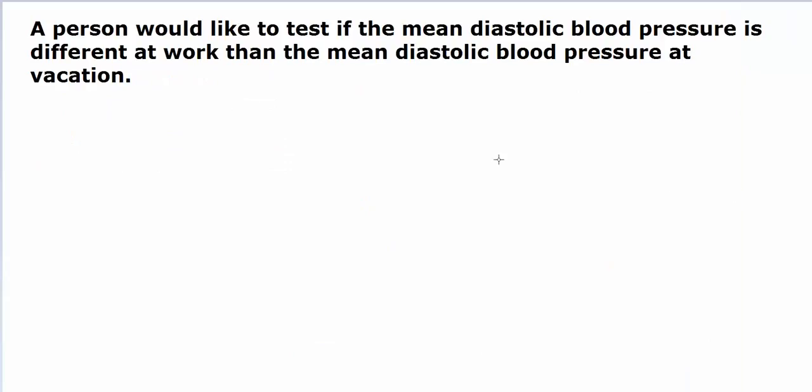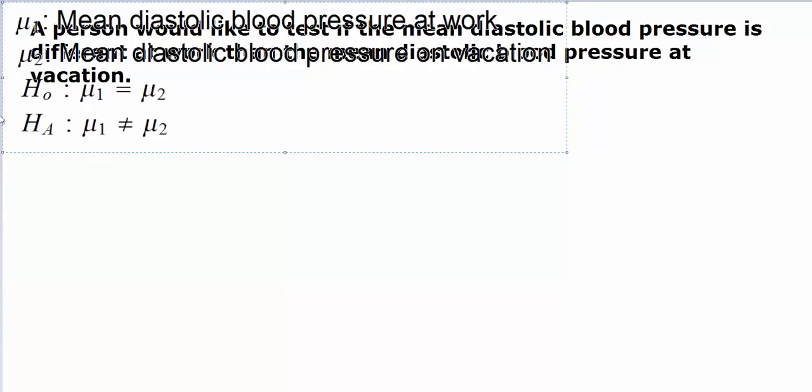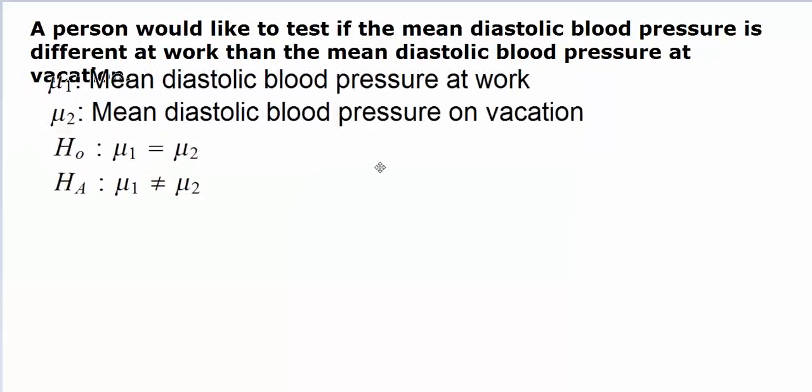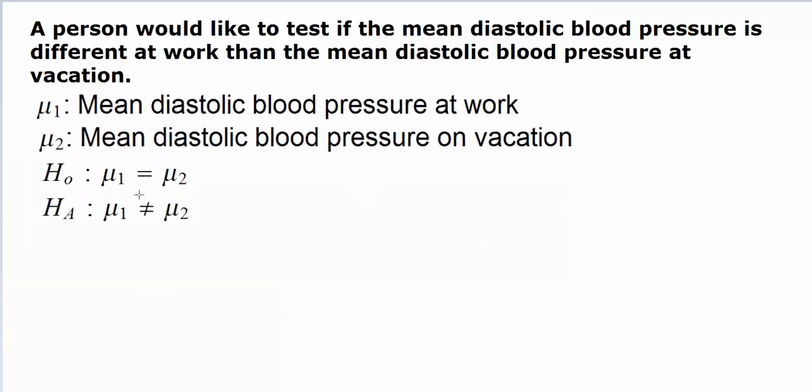Now let's take our third example, in which a person would like to test if the mean diastolic blood pressure is different at work for that person than the mean diastolic blood pressure at vacation. So the person is trying to test the null hypothesis mu1 equals mu2 versus mu1 is not equal to mu2.